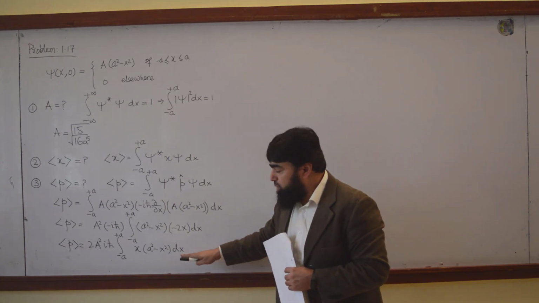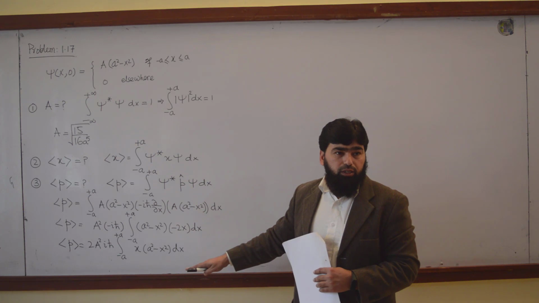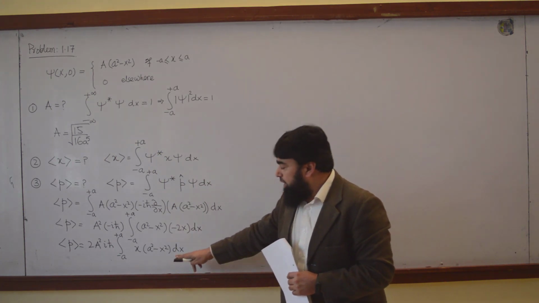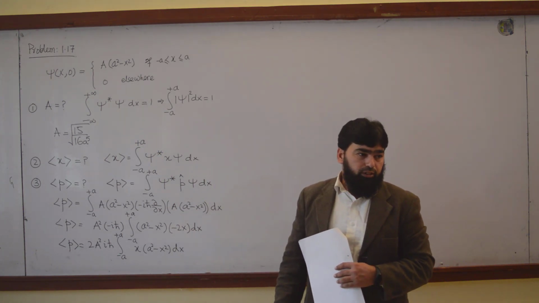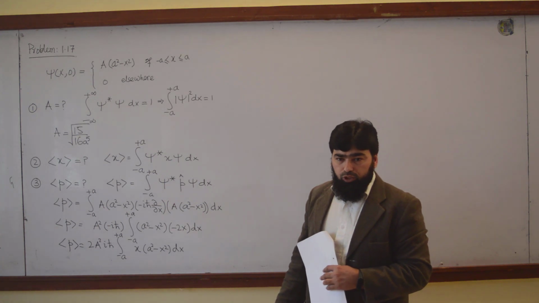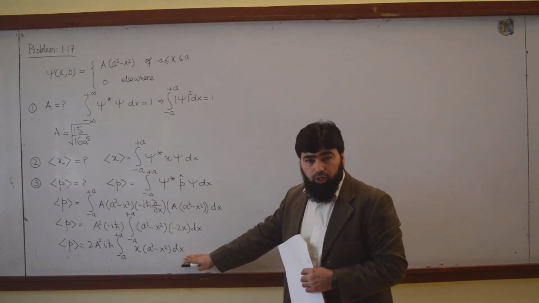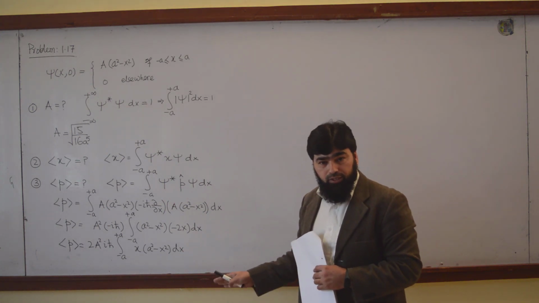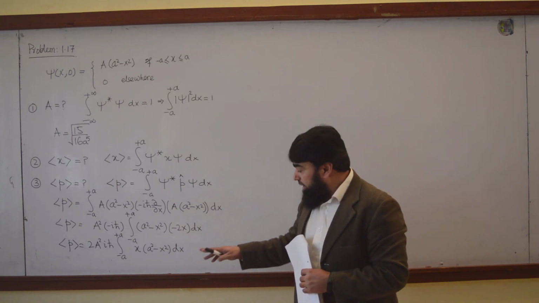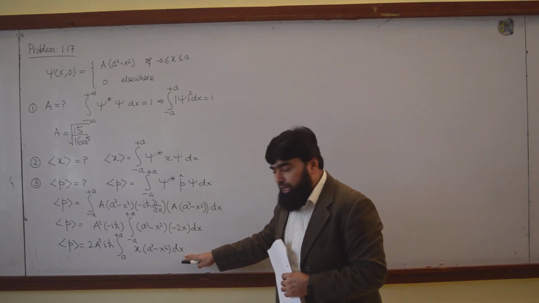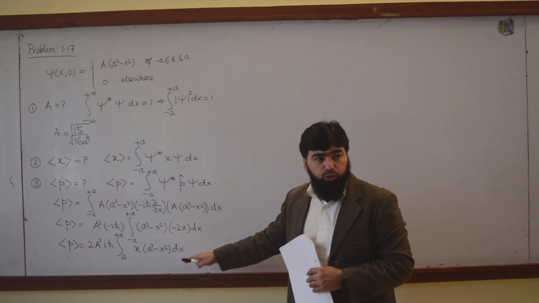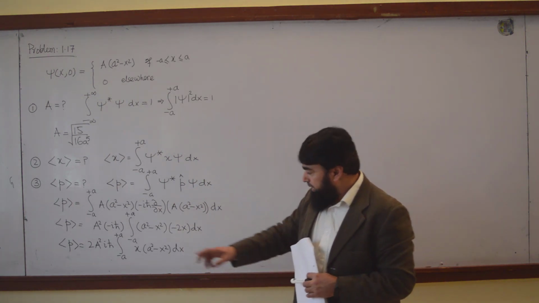Don't go for the solution of the integral. Always do the odd-even check of the integral. If you solve it, you will get the same answer, but if you do the odd-even test, you can do it in one step.